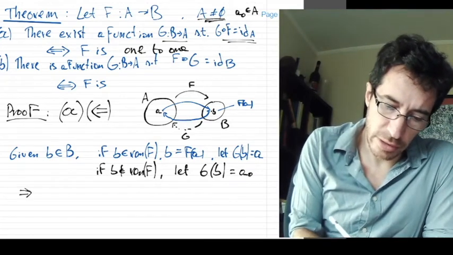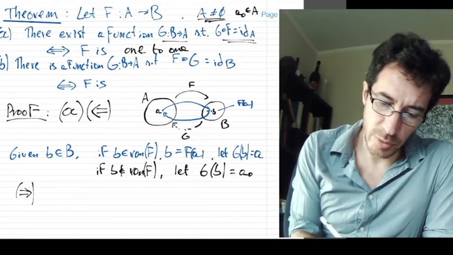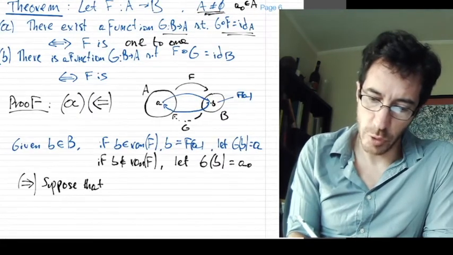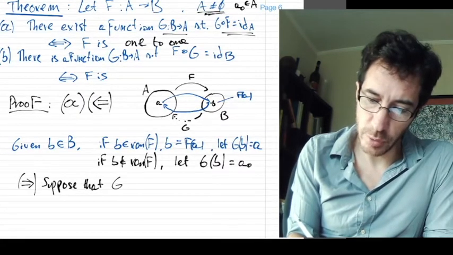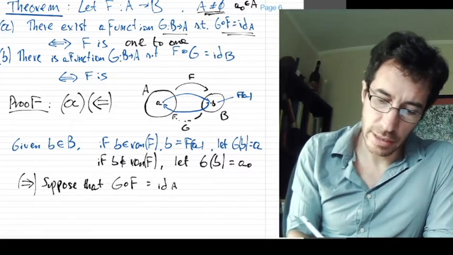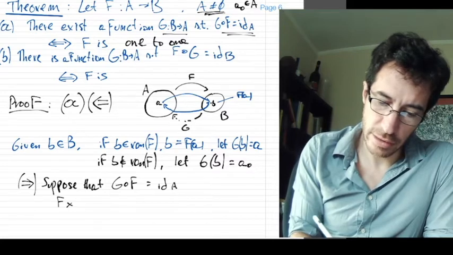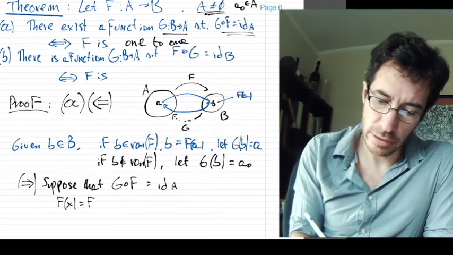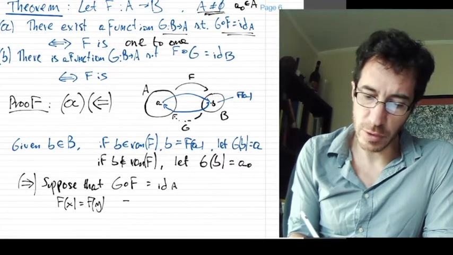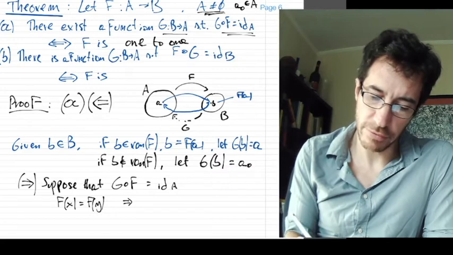What about this side? Now this will make more sense. Suppose that we have a G such that G composed with F equals the identity on A, and suppose also that F of x equals F of y. We want to show that x is equal to y.